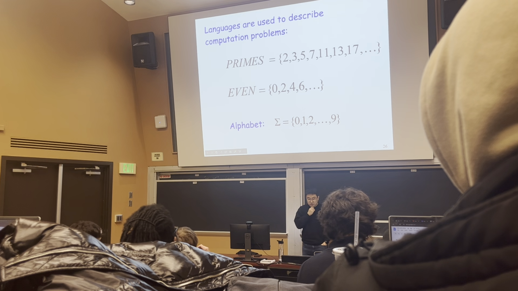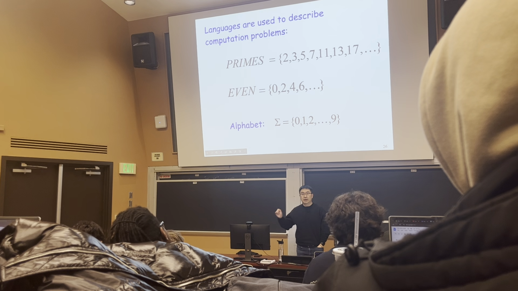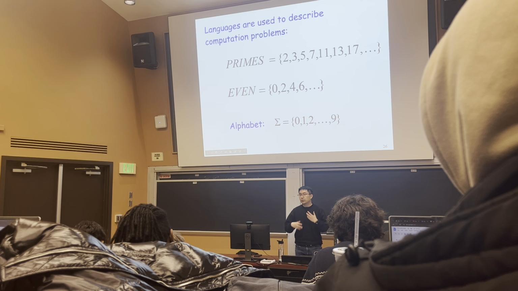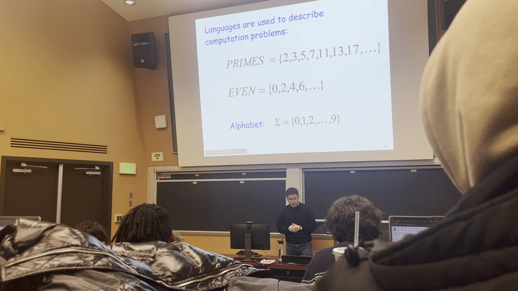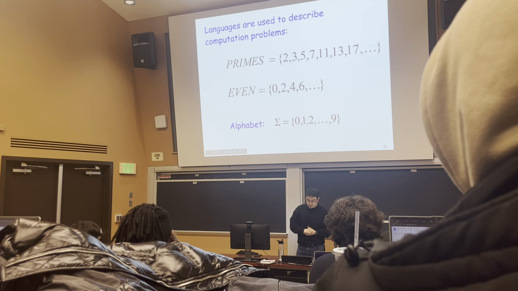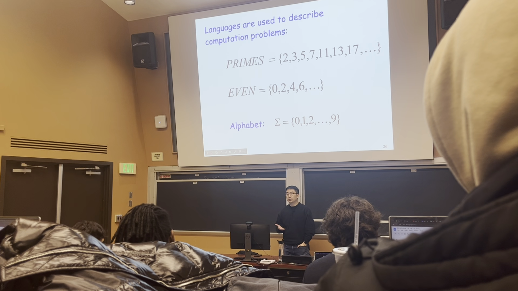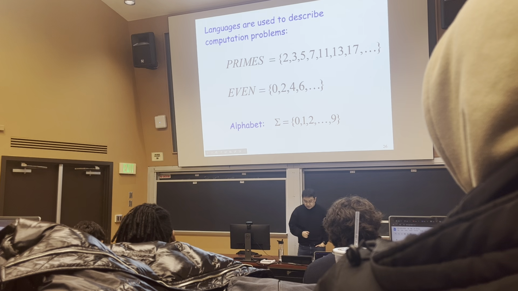Languages are used to describe computation problems. This statement can be a bit confusing now, but later, when we talk about DFA, NFA, and Turing machines, you'll understand what this means. So primes is a language.